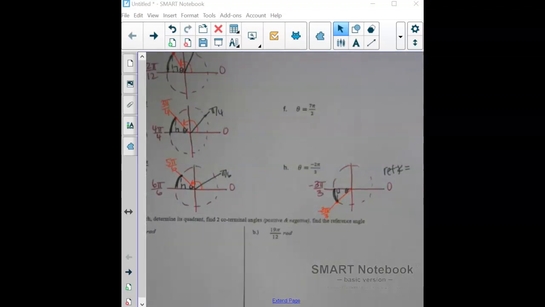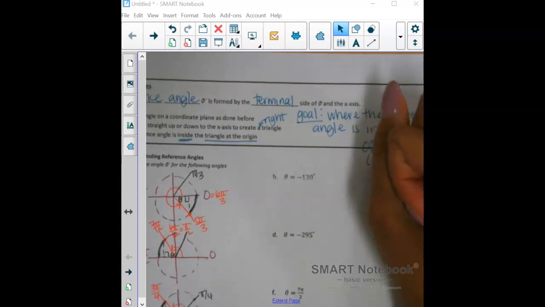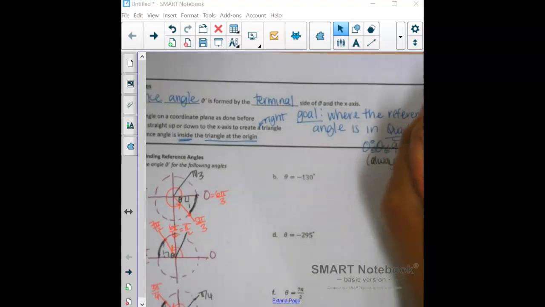If you're going from negative 2 pi over 3 to 3 pi over 3, what's your angle going to be? Negative pi over 3. I like what you said, but my only issue with that is that it needs to be in quadrant 1. What type of answers are in quadrant 1, guys? Positive. So I'm going to make a little note. Always must be positive.